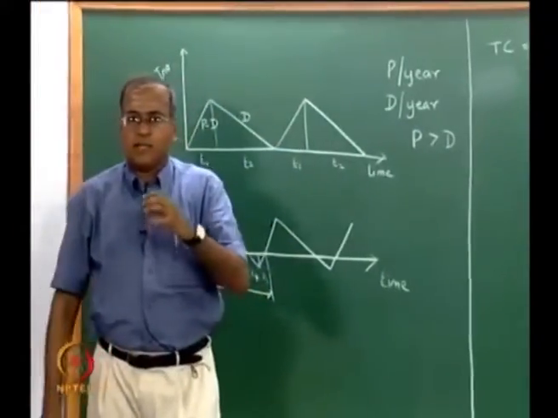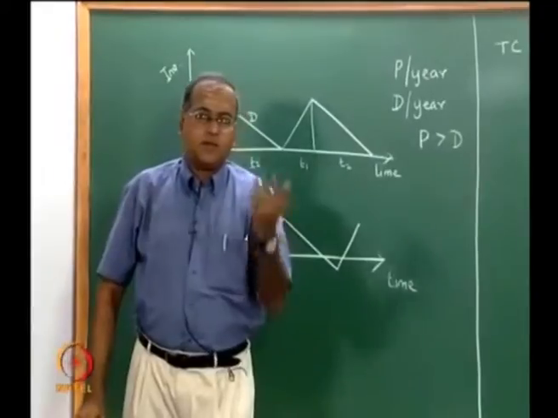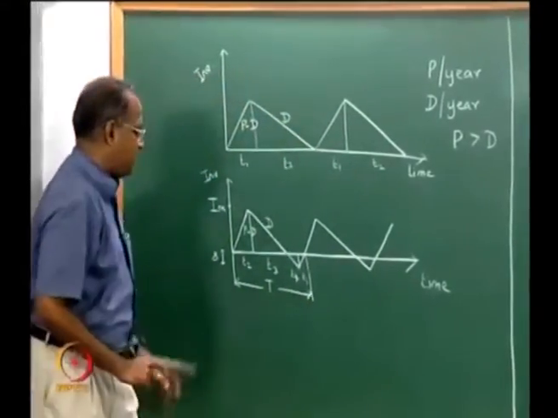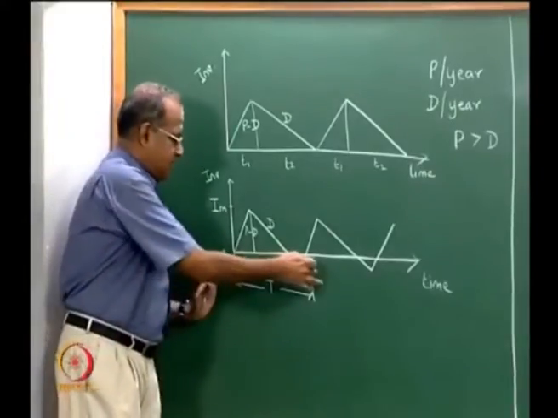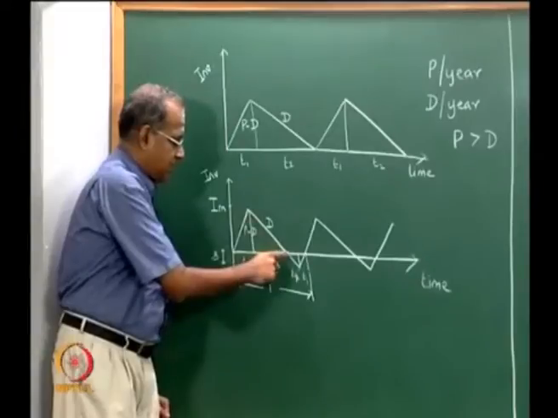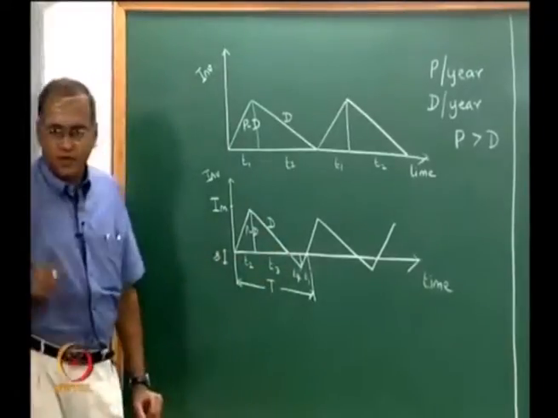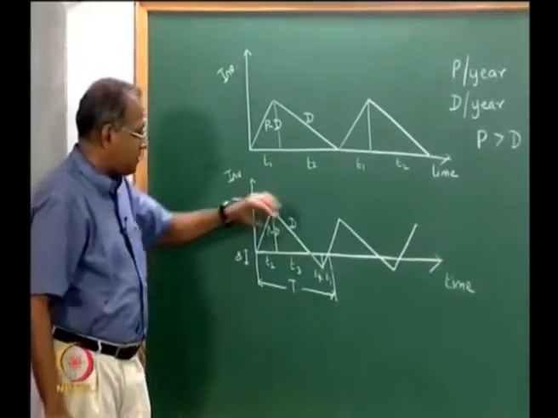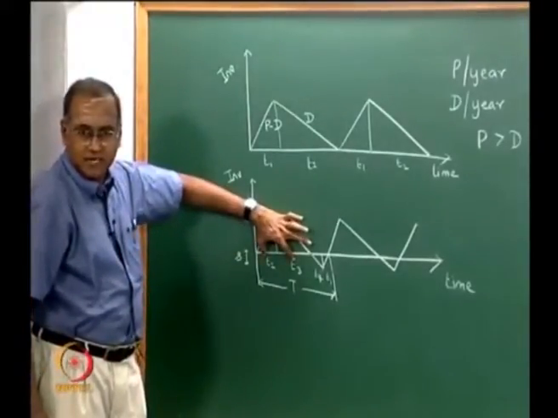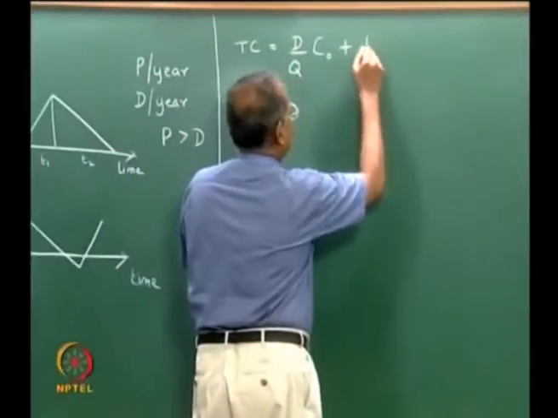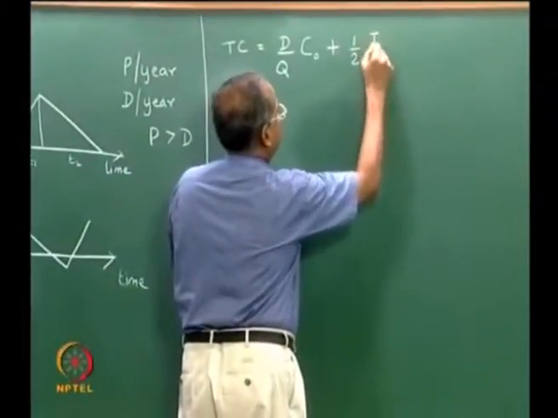Then we have to model the inventory holding cost as well as the back order cost. So we said the total inventory that is held in a cycle is the area under this curve, which is half into base into height. So half into IM into T2 plus T3, that is the total inventory.